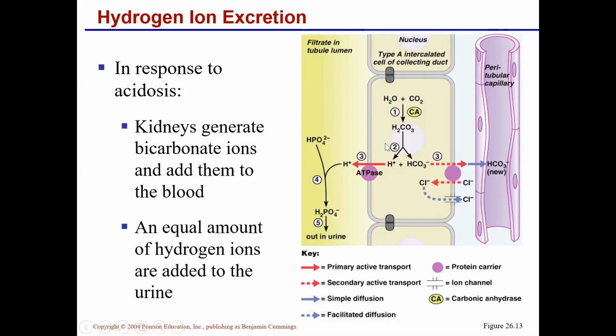This is more important to understand: the bicarbonate ions are generated in the PCT cells and can be reabsorbed back into the blood, and the hydrogen ions will be removed in the filtrate by binding to monohydrogen phosphate to form dihydrogen phosphate.